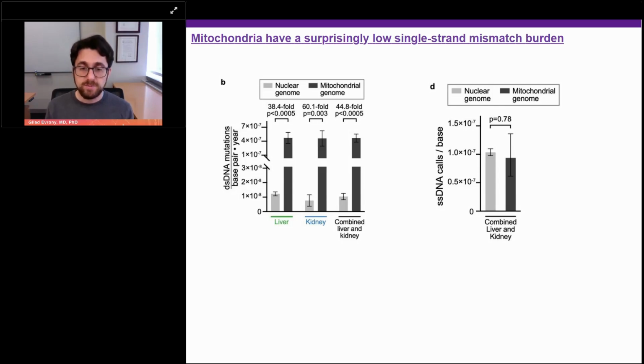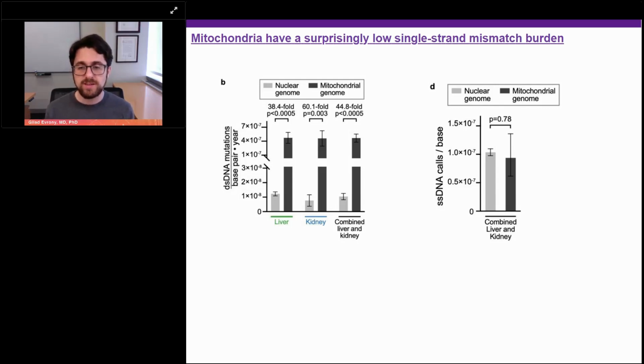However, surprisingly, at the single-strand call level, we do not see a difference between the nuclear and mitochondrial genome. This is in fact surprising but consistent with recent studies that have suggested that the process of mitochondrial genome mutation actually occurs during replication, in which when the DNA of the mitochondrial genome is denatured into single strands, it incurs damage at that point that is then rapidly fixed into double-strand mutations, so that the time between the single-strand damage and the double-strand mutation fixation process is short, and that's why we actually don't see those events.